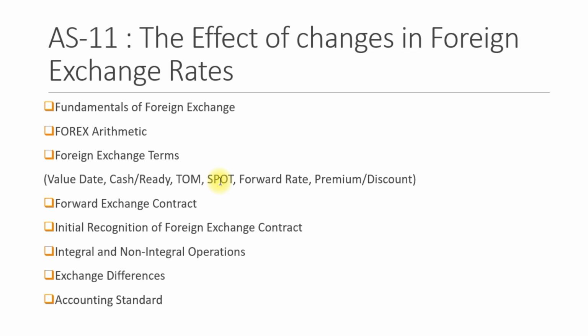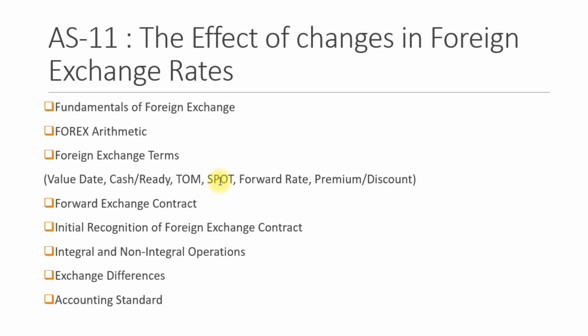Forward rate. If exchange of currencies takes place after a period, some days after the spot date, it is the forward rate. It is generally indicative of a premium or discount for the forward period. We know that the spot rate applies on the second working day.